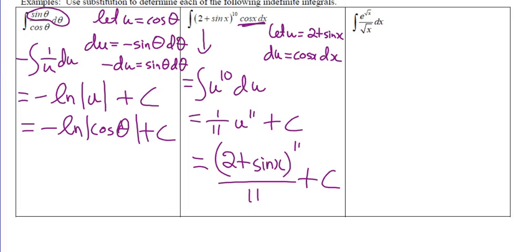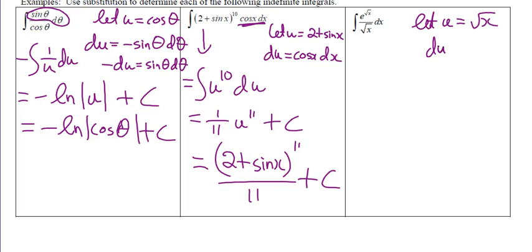What's this one? Oh, e to the root x over root x dx. So what's u going to be? Just root x. Because then we'll get e to the u, right? The antiderivative of e to the u is easy.